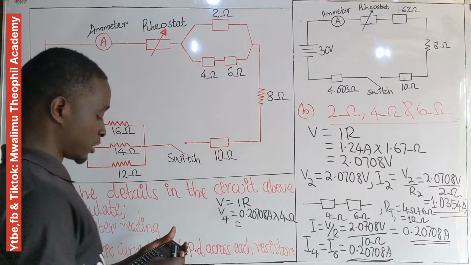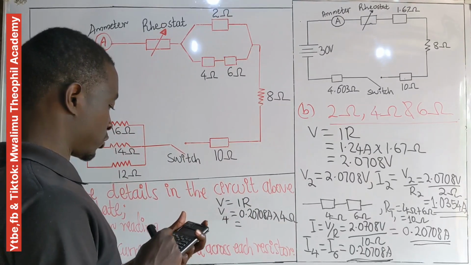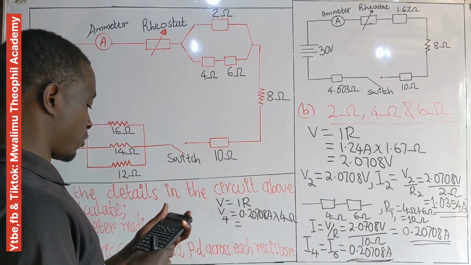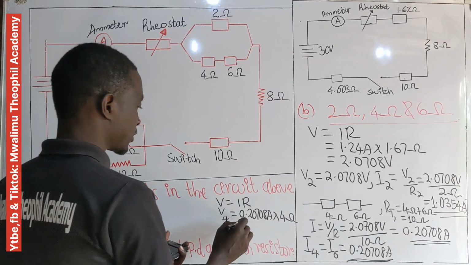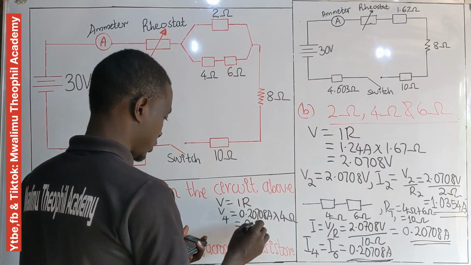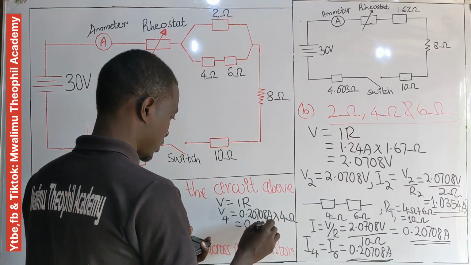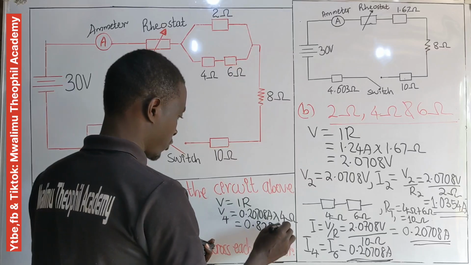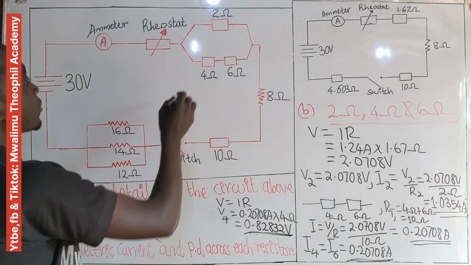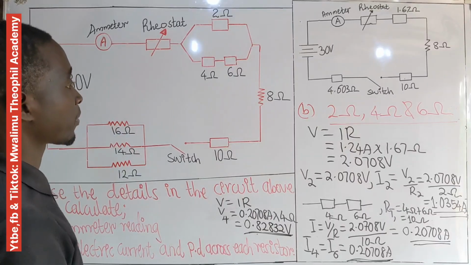This will give us, let's compute, 0.20708 times 4. We get 0.82832 volts. This is the potential difference across the 4 ohm resistor.